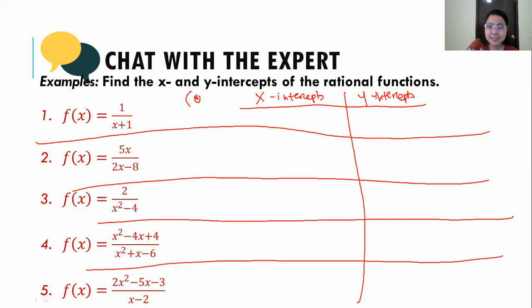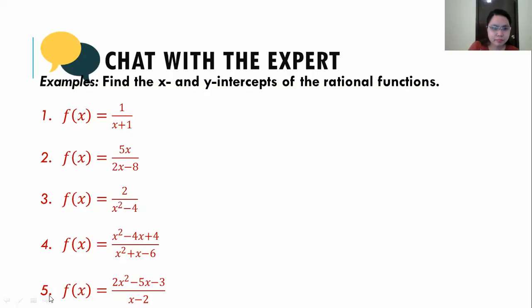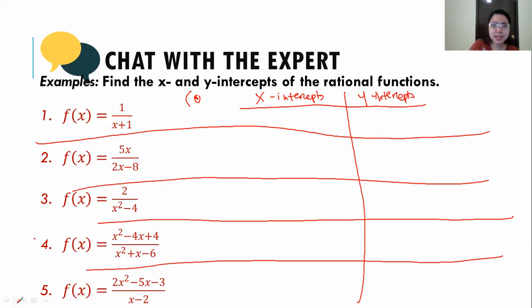In the x-intercept, there's a value for x, and your y is 0. So let's start with the first one. Based on our previous answers, in the first one, there's no x-intercept because there's no 0. The second one, our 0 is 0. So our x-intercept will be 0, 0.